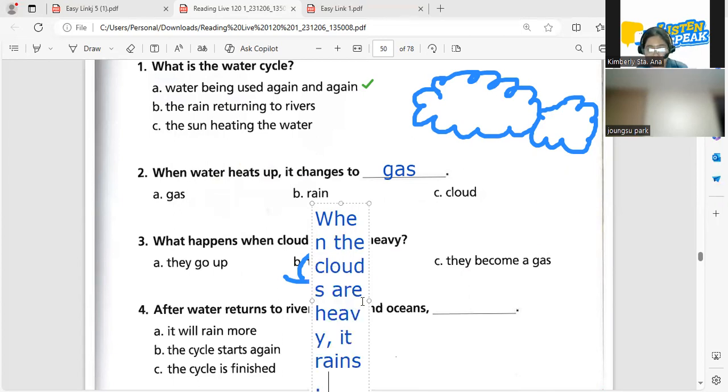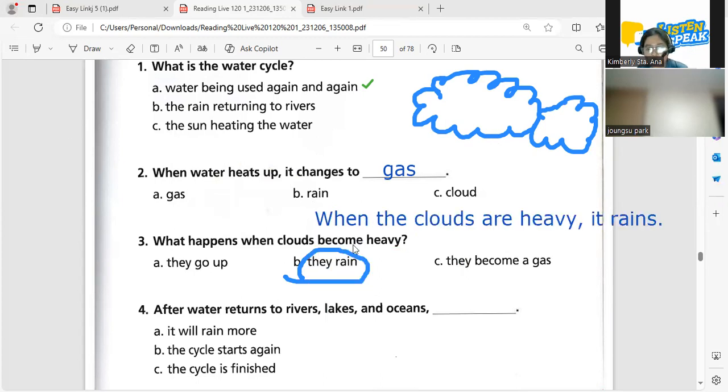Can you read this one, please? When the clouds are heavy, it rains. Very good. That's nice. How about number four?